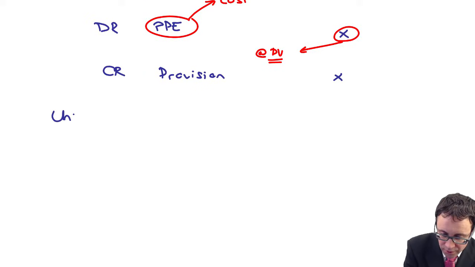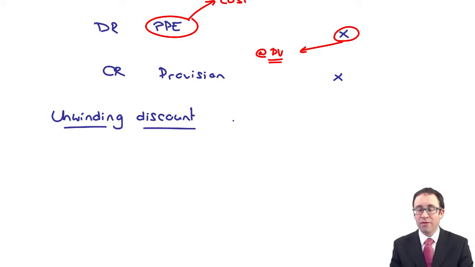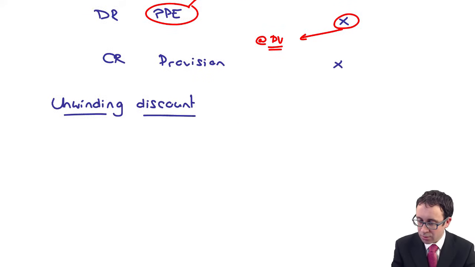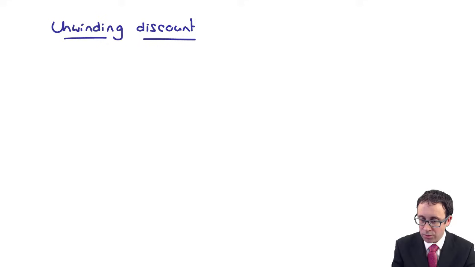The subsequent treatment is referred to as the unwinding of the discount. So effectively increasing the value of the provision up to the amount that will be settled when we come to dismantle the PPE.